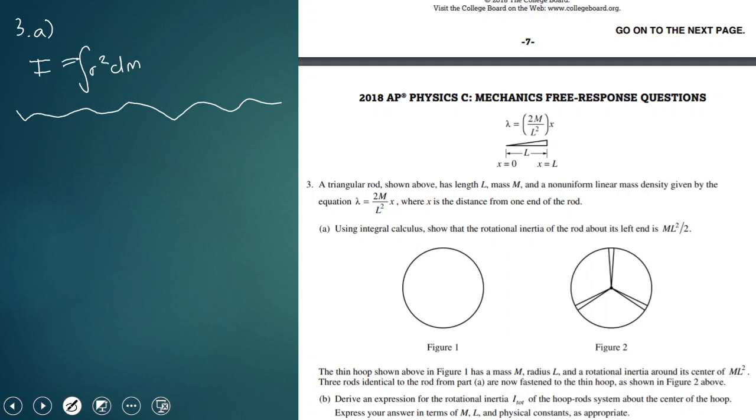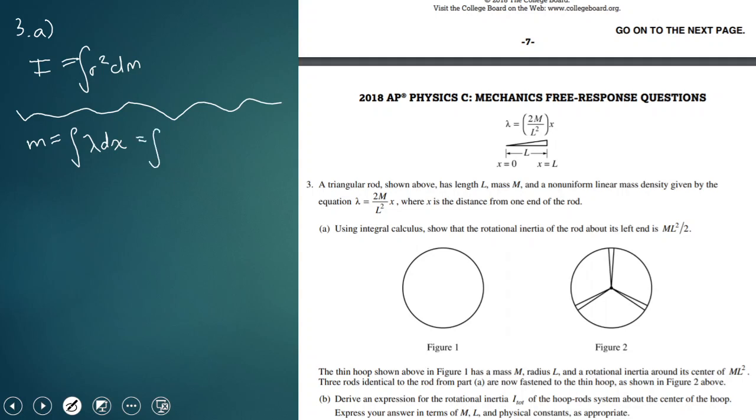Well, the direct formula that you can use is mass is equal to the integral of lambda dx. This is a formula that we've seen oftentimes, not only for rotational inertia purposes, but also for center of mass purposes when we're trying to calculate our actual mass and we have a non-uniform linear mass density.